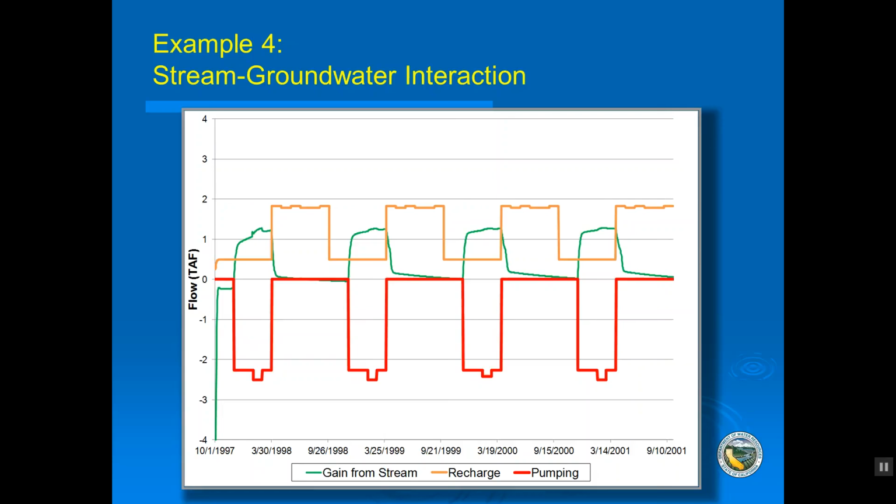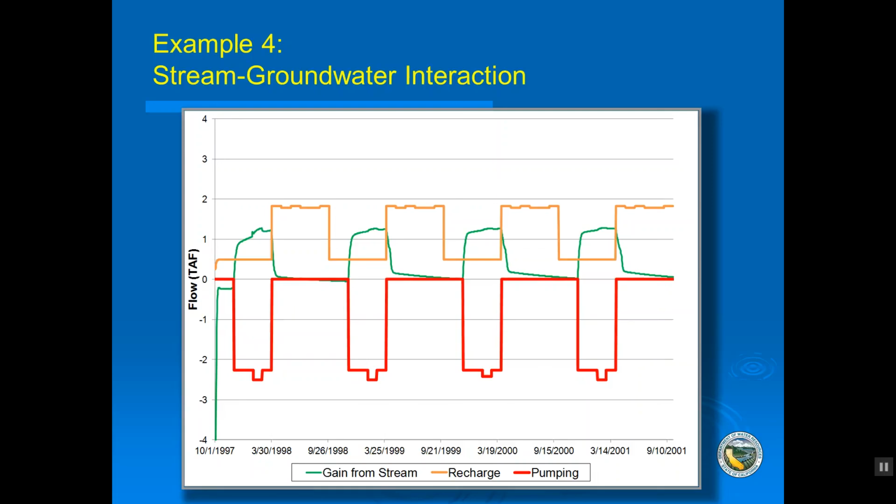So recharge, and this guy right here is the pumping. Okay, and the green line is the stream aquifer interaction. So what is happening here is when the pumps come online, start pumping, the gain from stream increases. Basically, groundwater elevation is decreasing. We're pumping right along the stream, so the stream starts losing.